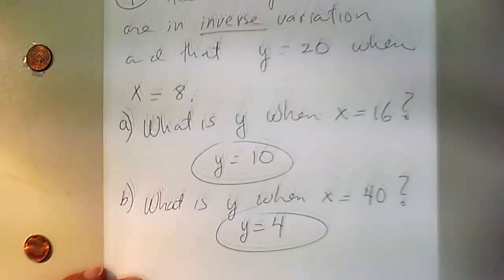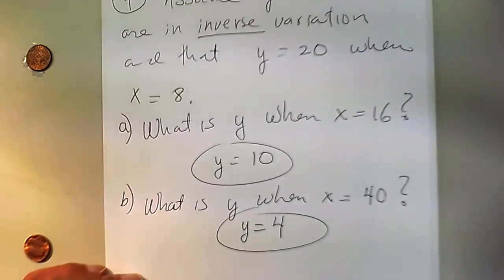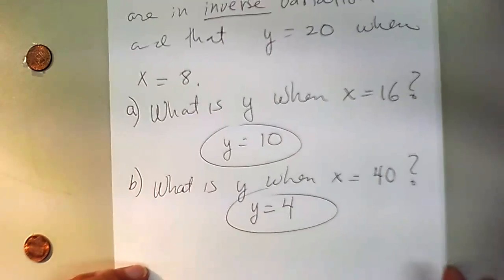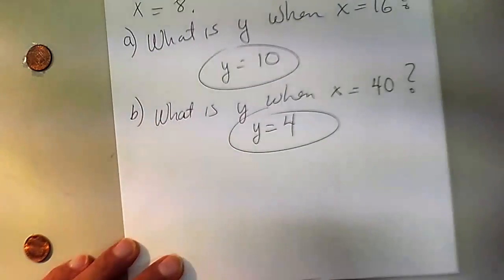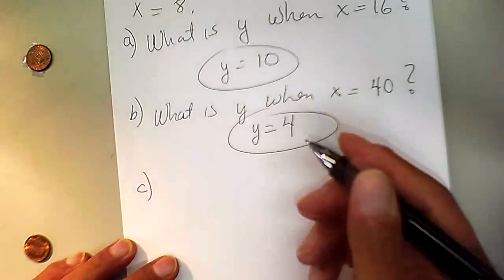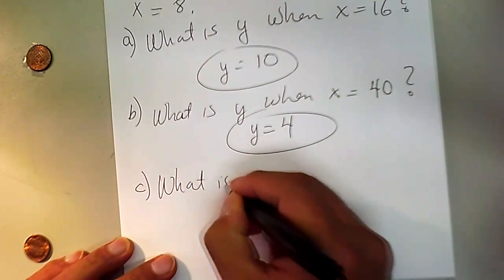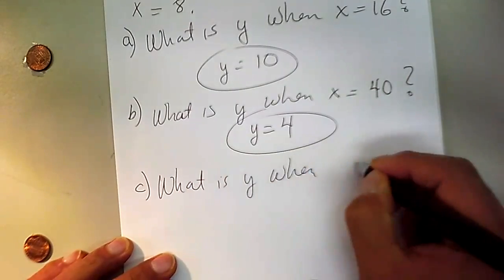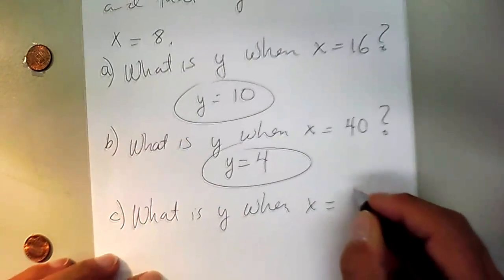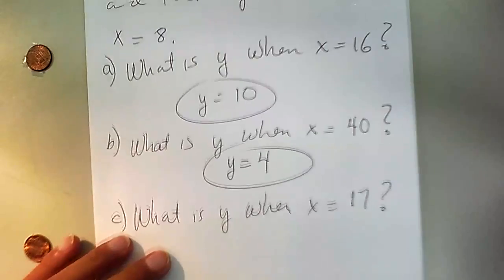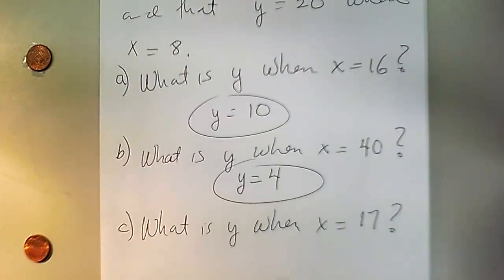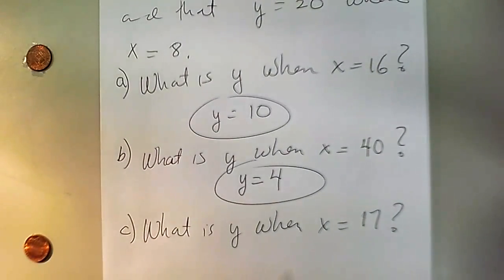Okay, so far we're thinking, I got this, no problem. Yes, except, I mean, just using common sense is good, but what is y when x equals 17? All right, now this is not as easy anymore.